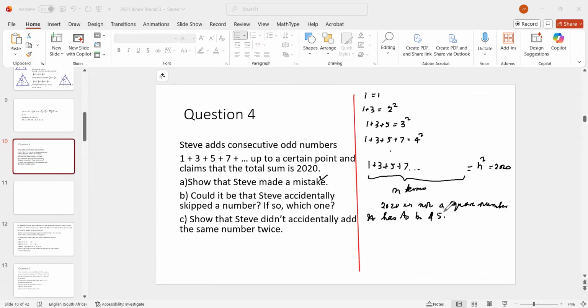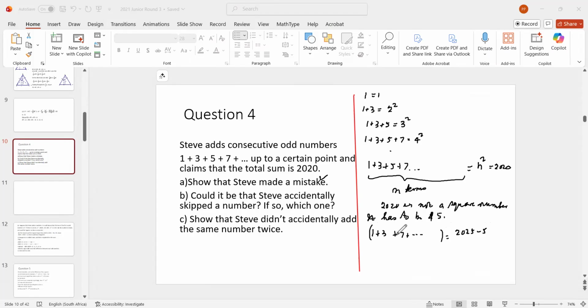Right? Because you've got that Steve sum. So then you'll have that 1 plus 3 plus 7, missed out 5. That will be equal to 2025 minus 5.